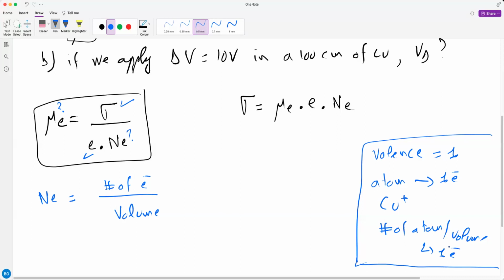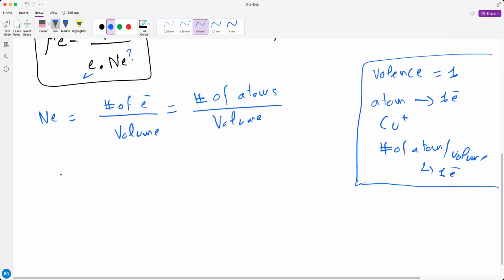Now, this is a high school question and also a first-year chemistry question. So I'm talking about the number of atoms per volume in copper. So how do I solve this problem? I can solve it as follows: number of atoms.